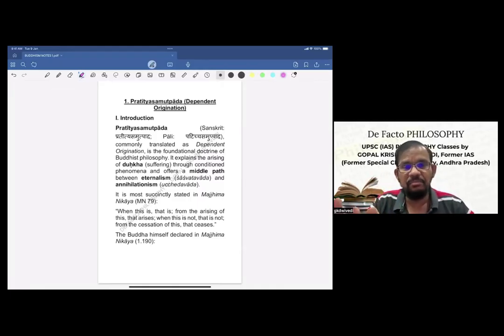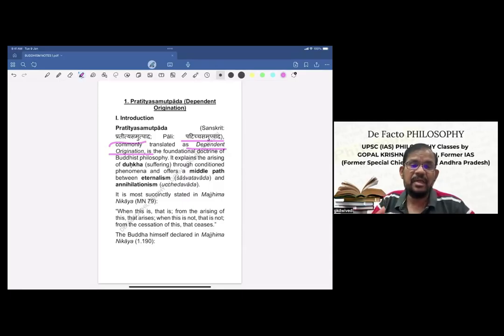As has already been explained, Pratyut Samutpad is basically a Sanskrit word, and in Pali it is Patich Samutpad, and its literal meaning is dependent origination. So this being, that follows.